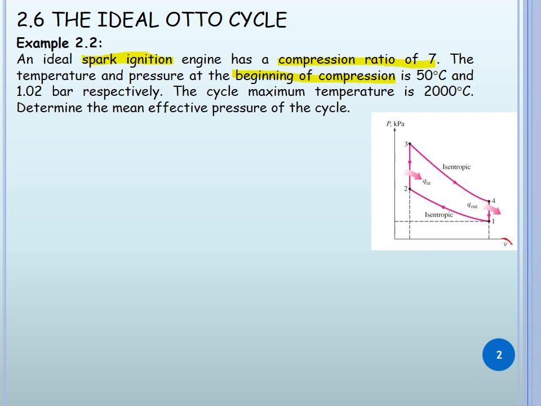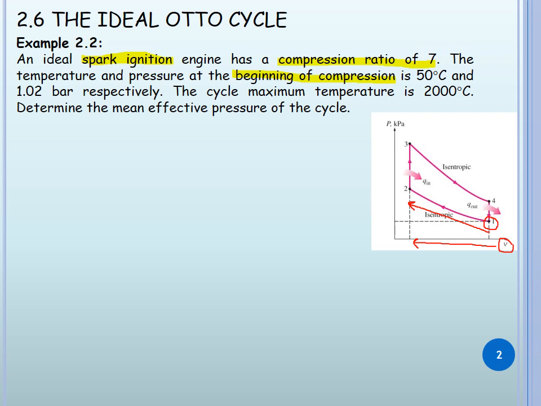We know that when the volume decreases, compression occurs. So from state 1 to state 2 the volume decreases, so the compression process occurs from 1 to 2.